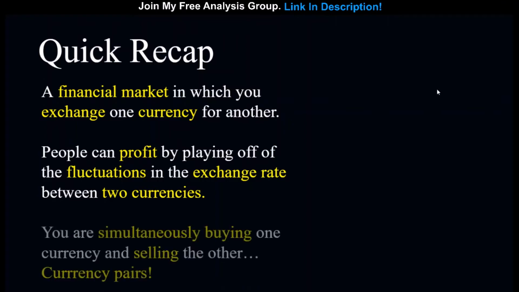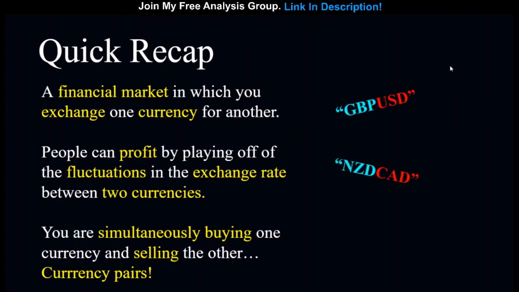lessons. And so in the foreign exchange market, you're basically buying one currency and selling the other at the same exact time. So you'll see currencies quoted in pairs. What I'm about to put on the screen is a couple of examples of currency pairs that you might see traded within the foreign exchange market, like GBP/USD, NZD/CAD, or AUD/JPY.